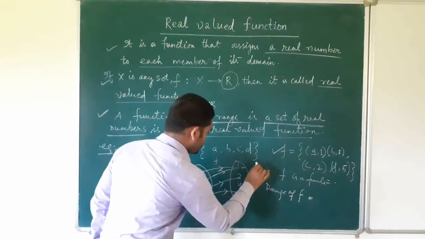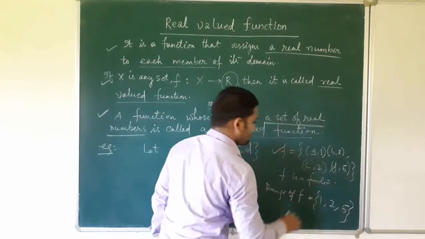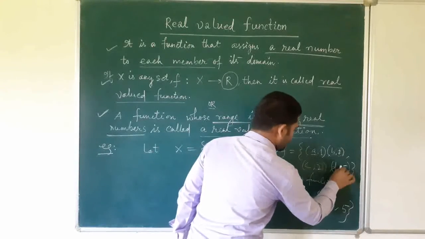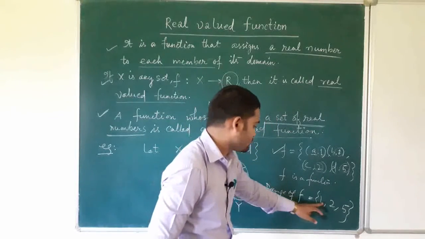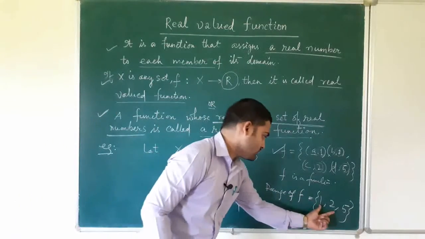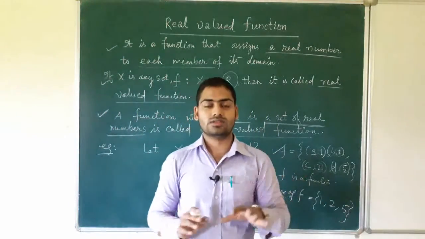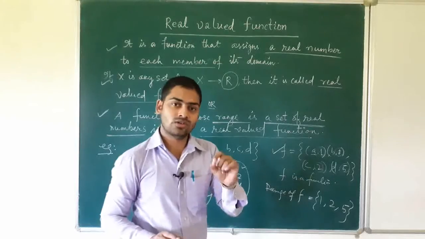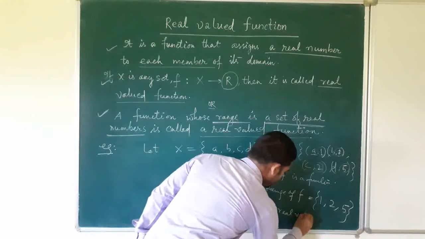The range here is 1, 2 and 5, the set of second coordinates of this function. The range contains 1, 2, 5, and these elements are real numbers. So the function f is a real valued function.